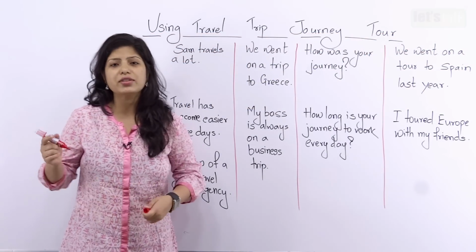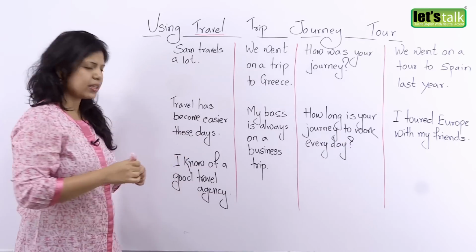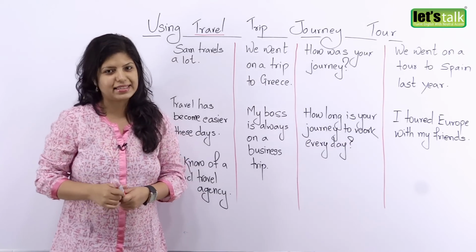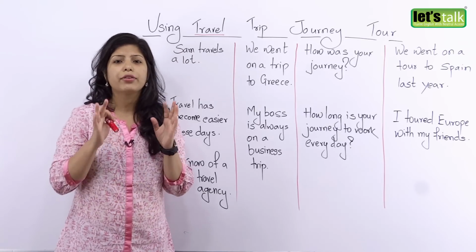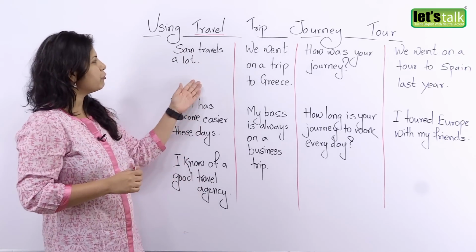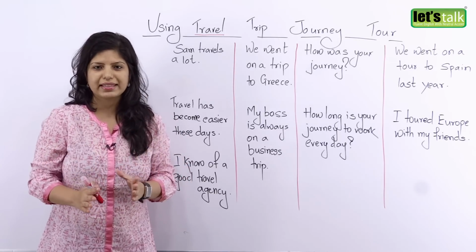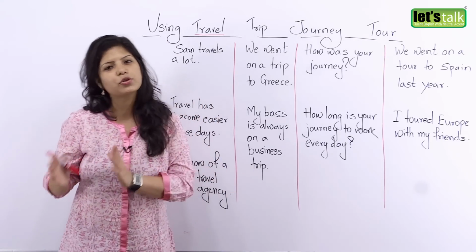Now the very first word I have for you is travel. Isn't this a very common word? Well, yes it is. However, the word travel can be used in three different ways. Let's see how. Now, firstly, what is the meaning of travel? Travel basically means to move or to go from one place to another.